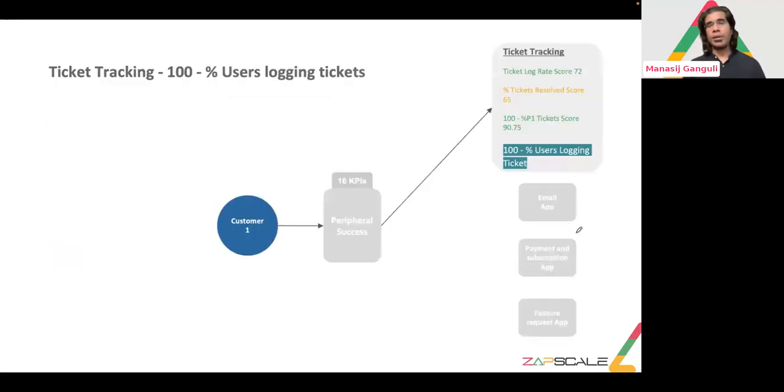And the last piece is, if your business is such that your end users can directly log tickets with you, you would want to see a smaller number of users logging tickets, which means that not everybody is infected, but only a small percentage of your users may be aggravated. If everyone in your user space is logging tickets, that's really bad news, which means people are not happy with your product.